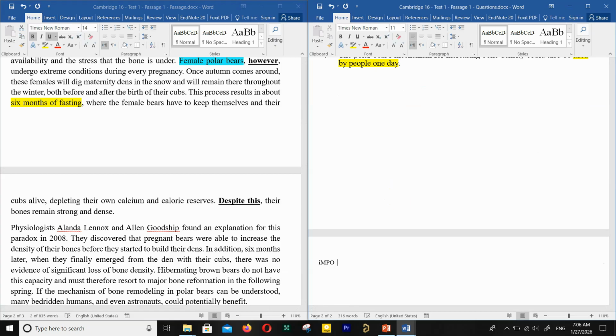Important vocabularies to notice in IELTS exam. Yet, however, despite this, but, these are really important.